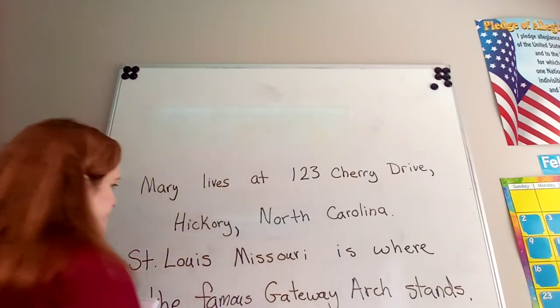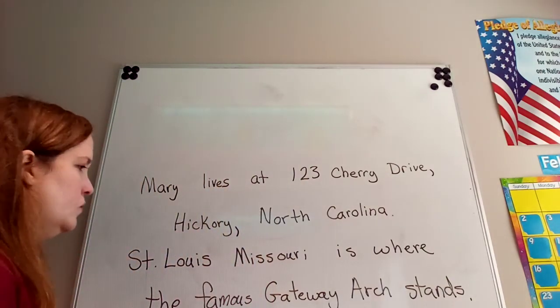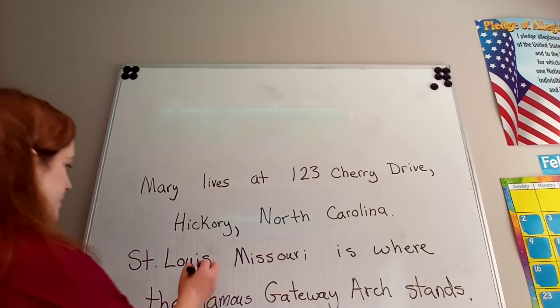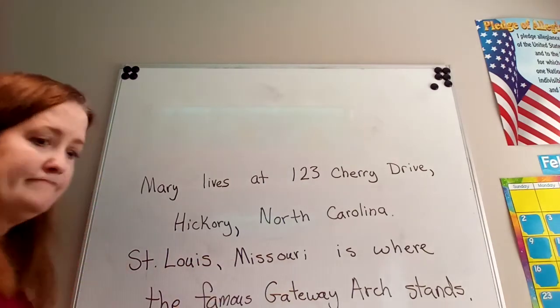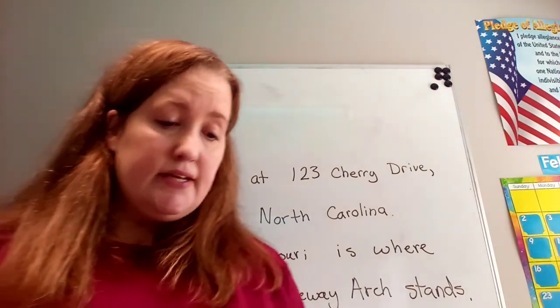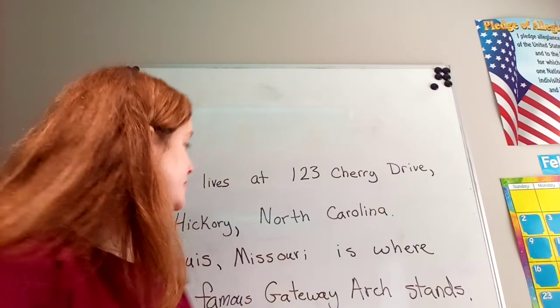All right. So St. Louis, Missouri is where the famous Gateway Arch stands. So there's the city, St. Louis, and the state, Missouri. We need to put a comma in there. That is what we do. We put commas to separate items and dates and addresses.